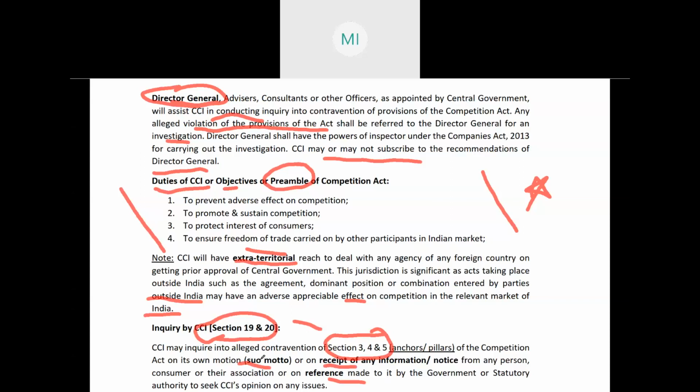So three things: suo moto, that is on its own motion, or on receipt of information or notice from any person, consumer or association, or on reference by the government. You should remember own motion, receipt of information, reference by government.